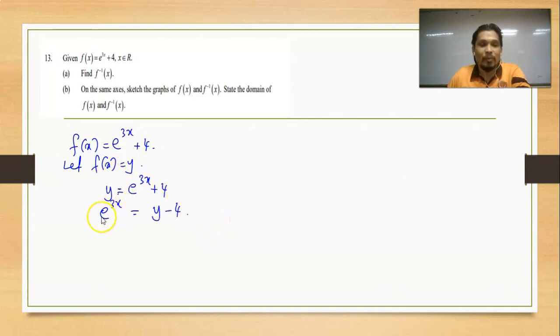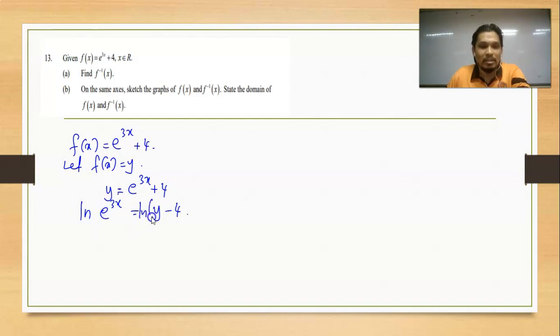Okay, for Euler's constant specifically, we eliminate this by taking the natural log on the left side, because ln is a log to the base of e. With e to the power of 3x, bring this 3x to the front, and log e to the base of e equals 1.